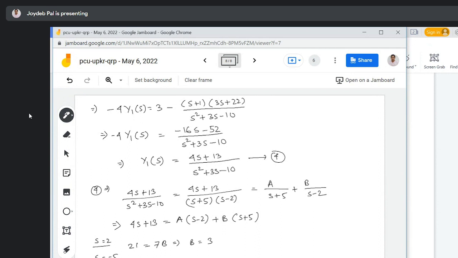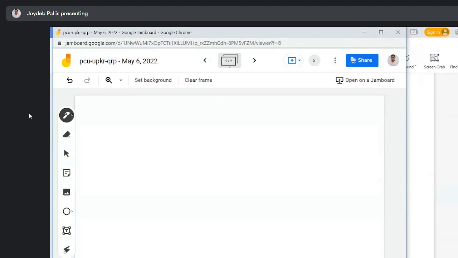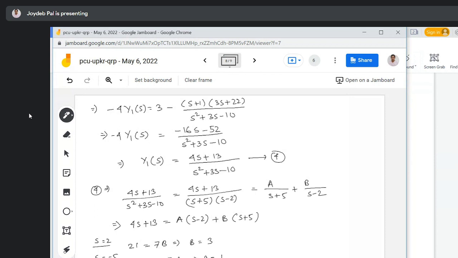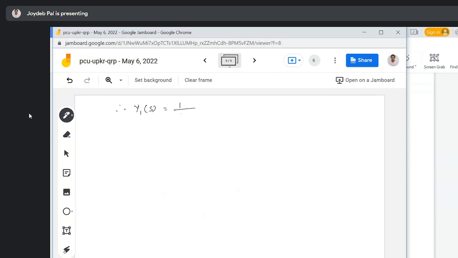Minus 5 means minus 20 plus 13, minus 7 equals what? Minus 7a. तो a हो जाएगा 1. Therefore, y1s, a means 1, so 1 by (s plus 5), and b means 3, 3 by (s minus 2).